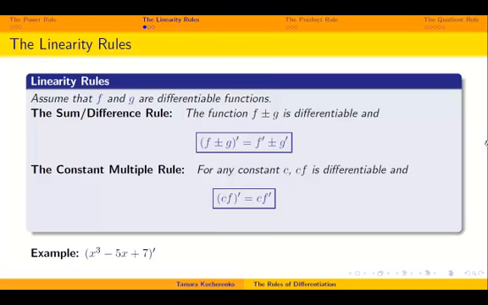For example, to find the derivative of x cubed minus 5x plus 7, we use the sum difference rule to distribute differentiation to each term and constant multiple rule to factor out 5.